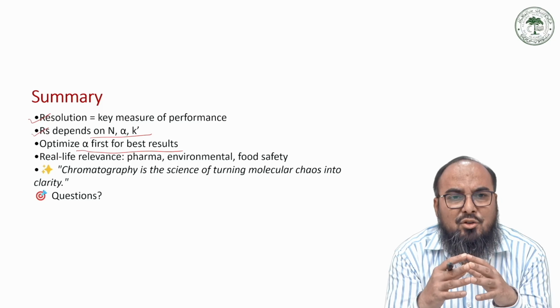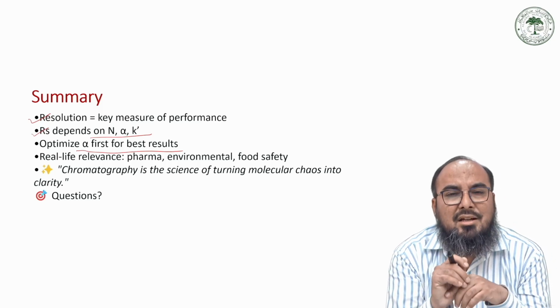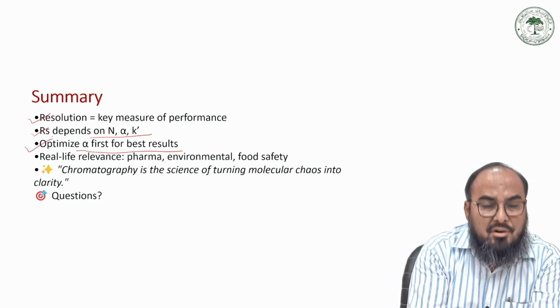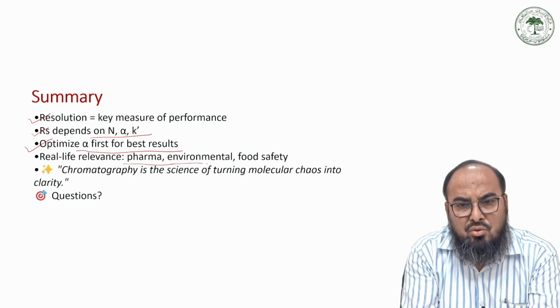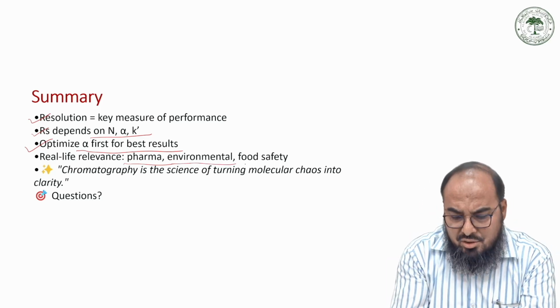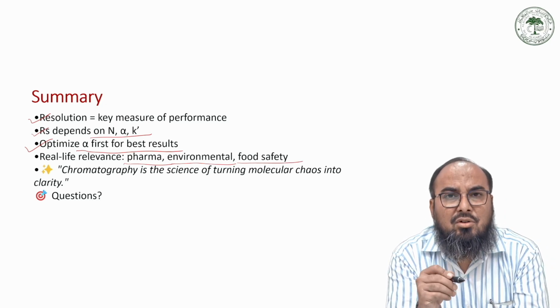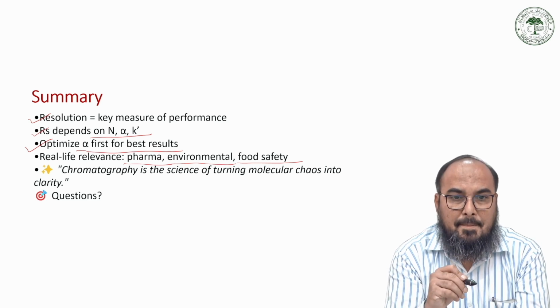So you always have to fine tune your alpha first while optimizing your column performance. We have also seen some real life examples in pharmaceuticals and in the environmental detection of toxic gases, and how Rs is very important, because the FDA has said that an Rs of 1.5 is mandatory.